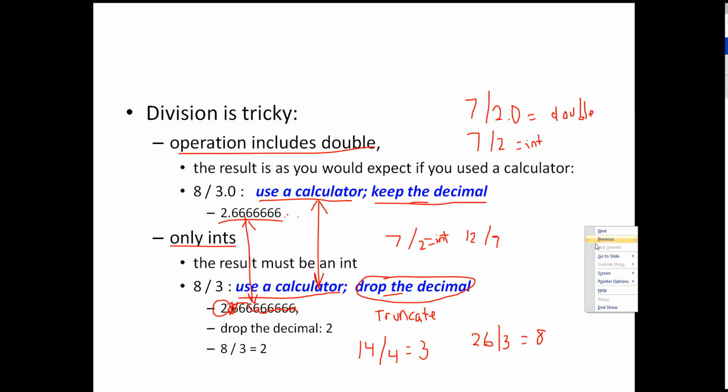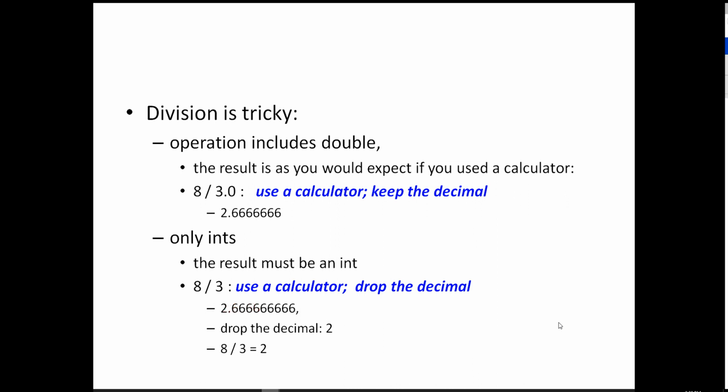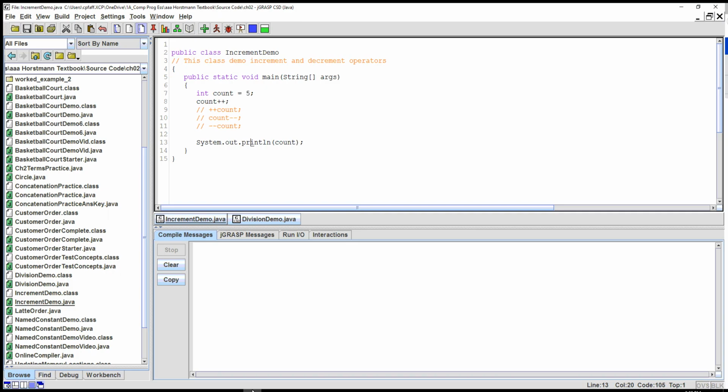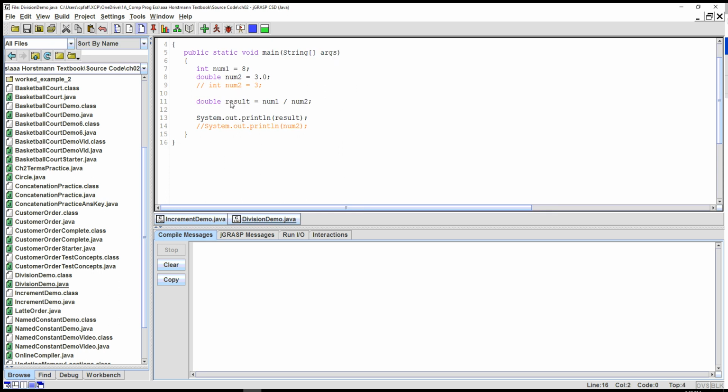All right. So we're going to go now to JGrasp and illustrate this really quickly here. So we have division and demo, and so here is an int, and here is a decimal. And the result is going to be a double. So if you take num1 divided by num2, we should get a decimal.